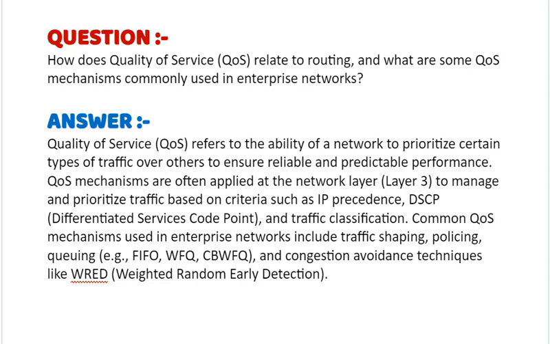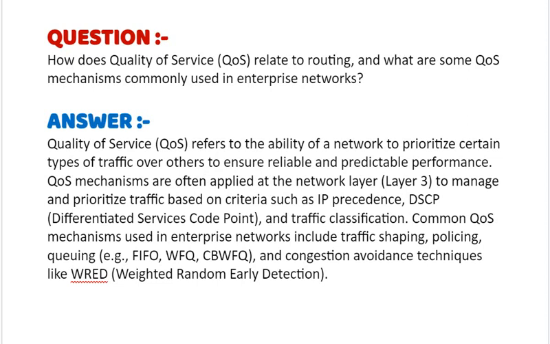QoS mechanisms are often applied at the network layer, that is, layer 3, to manage and prioritize traffic based on criteria such as IP precedence, DSCP, that is, differentiated services code point, and traffic classification.